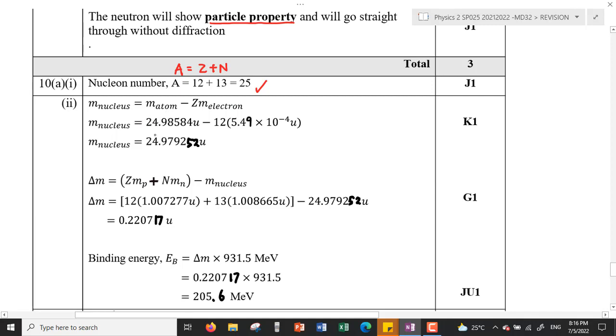So mass atom 24.98584 minus the numbers of electron we have in the magnesium atom is 12, and mass for one electron kita boleh dapat daripada list of constant.